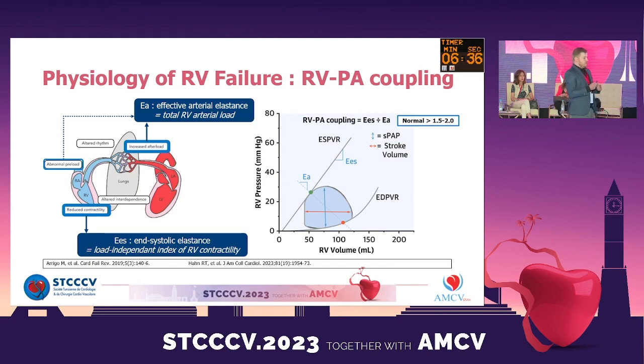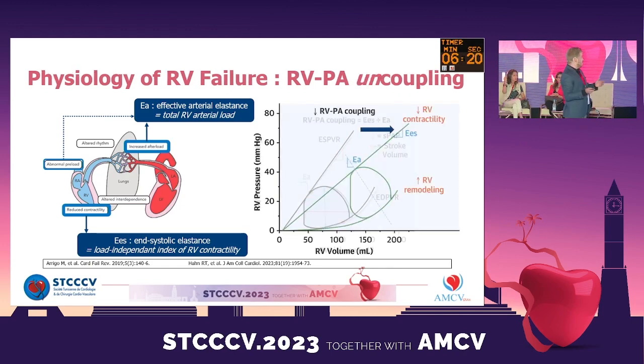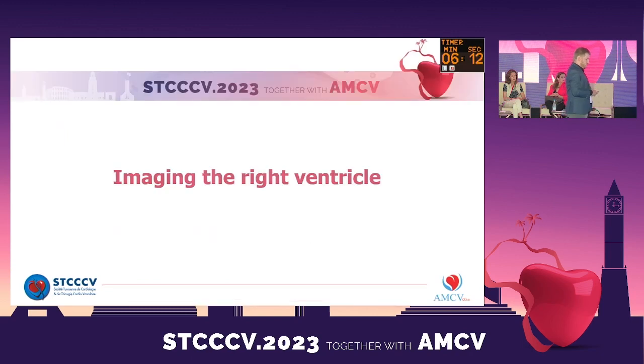The ratio between those two slopes determines normal coupling versus pathologic uncoupling. The normal ratio of Ees on Ea is over 1.5, and in uncoupling you move the slope to the right, which represents diminished RV contractility and leads to a diminished ratio.